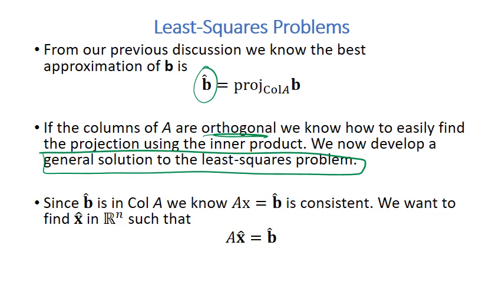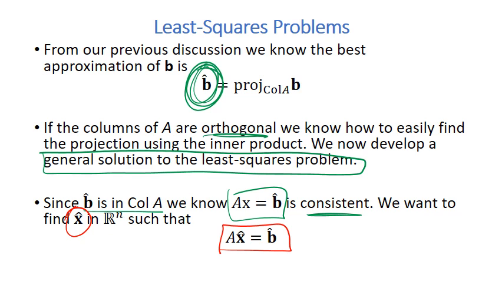We will end up with this projection again, so the hat notation. Since b hat is in Col A, we know that this equation here is consistent. So we want to find an x hat in Rn such that this holds true. Okay, we're going to use this on the next slide.